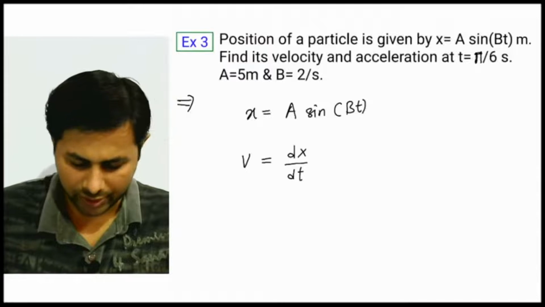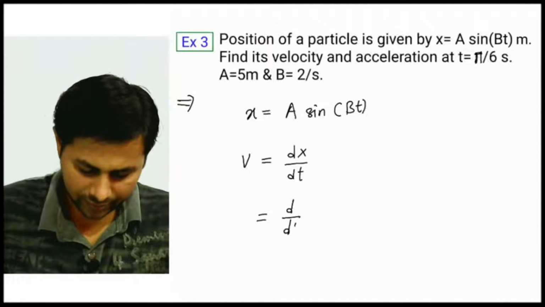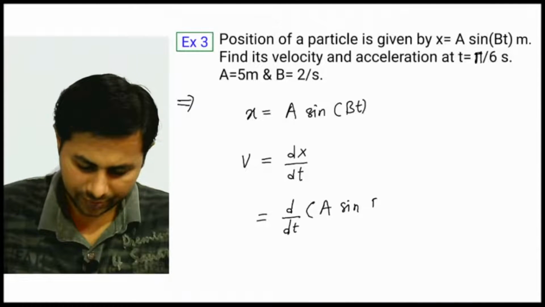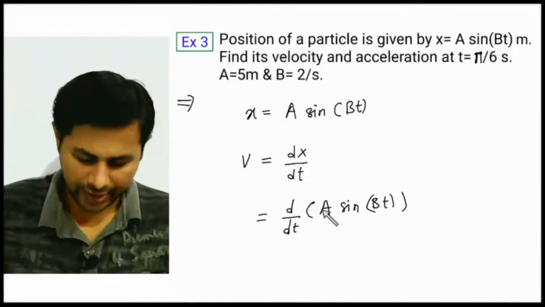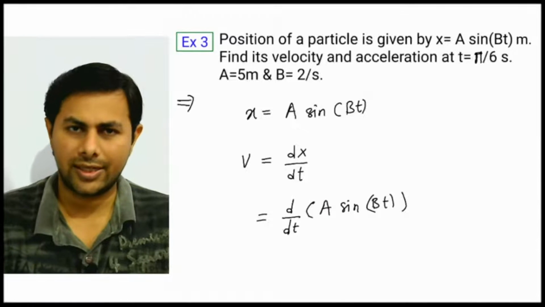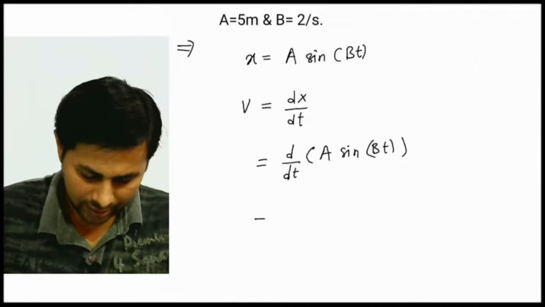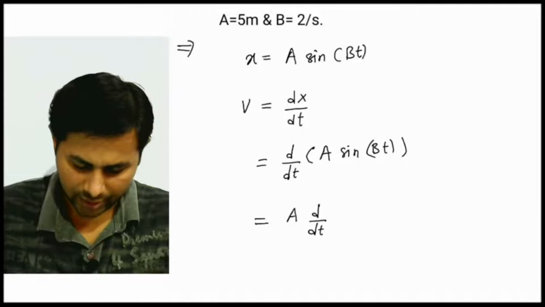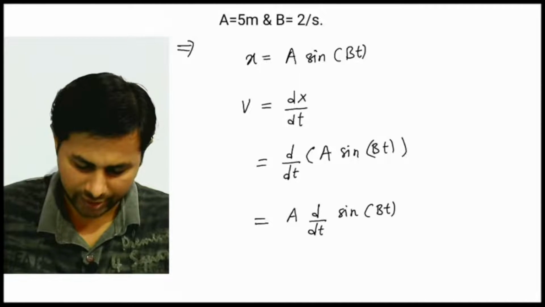So here also we have to take a derivative only. So it is d by dt of a into sine of bt, and here since a is constant, I can take it outside of the derivative. So I get a times d by dt of sine of bt.